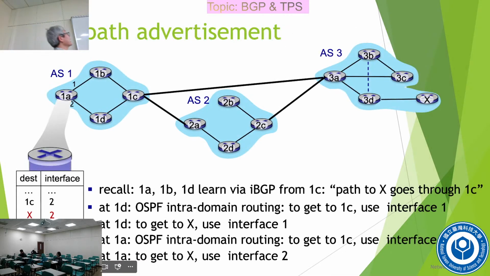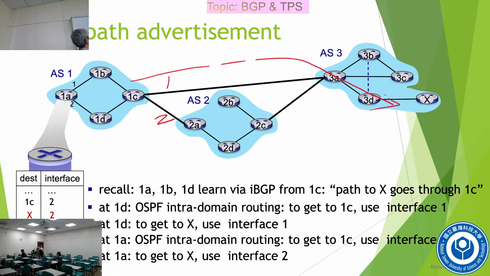And in fact, for 1C, maybe we have an interface 1 or 2. If we want to reach X, then we can allow the packet using interface 1, but we don't mention that one. At least you should understand if we have the path advertisement, then we will have some setting for the output interface.